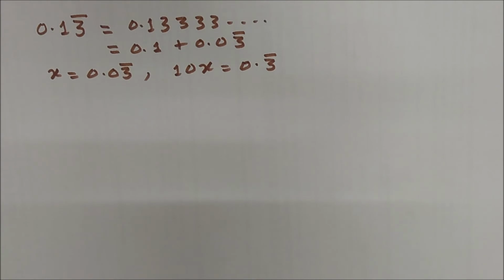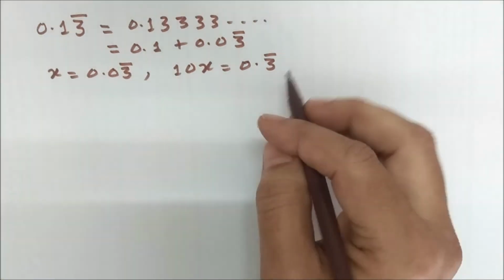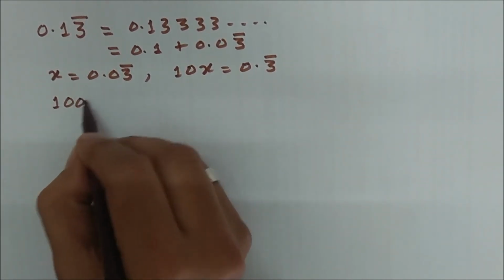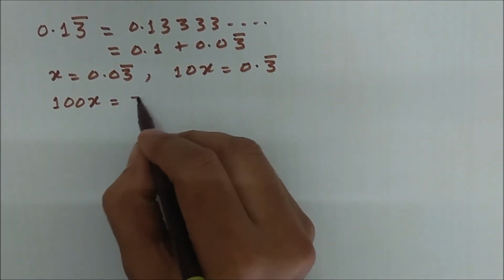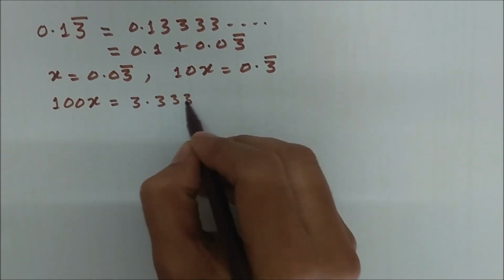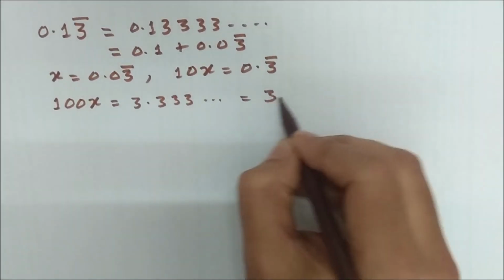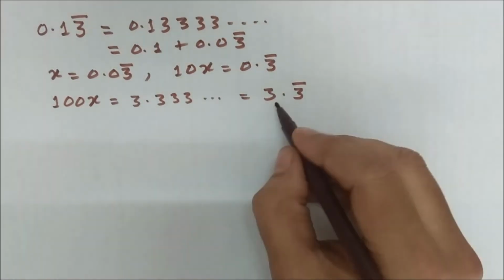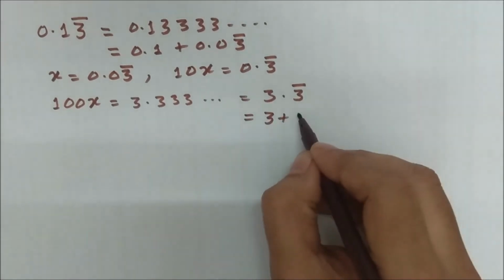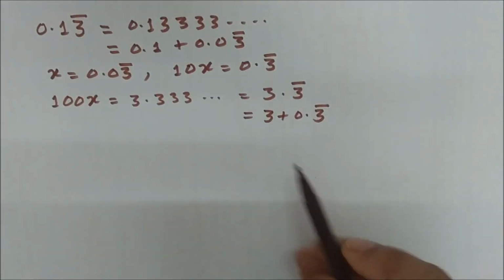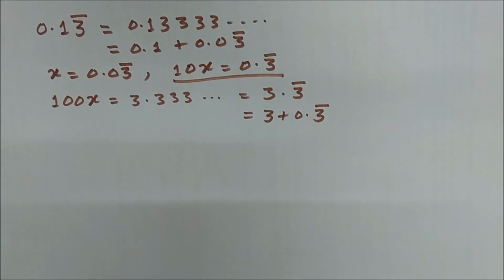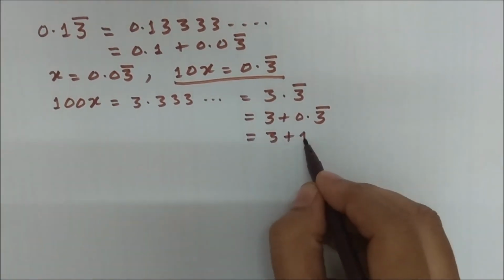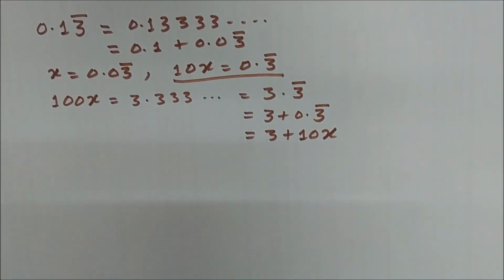Now if we multiply it by 100, we can see that 100x will be equal to 3.333 and so on, or it will be equal to 3.3 bar, and this can be written as 3 plus 0.3 bar, and we see here that 0.3 bar is equal to 10x, so it becomes 3 plus 10x.